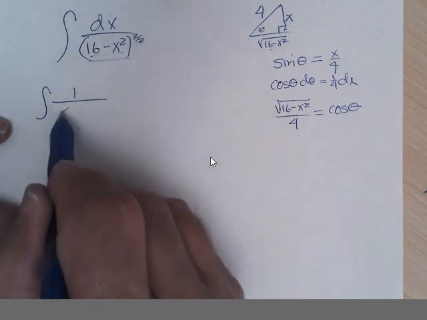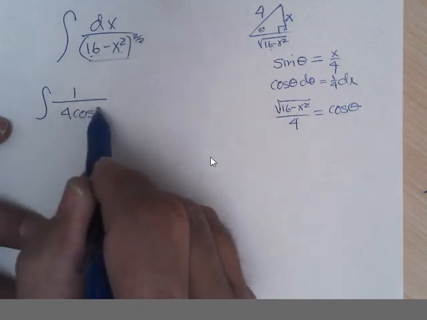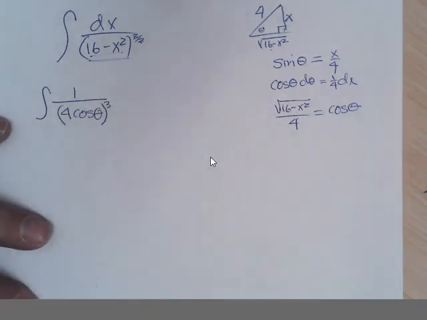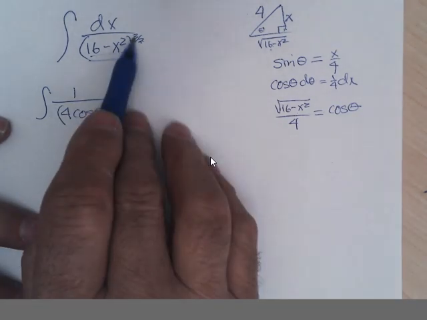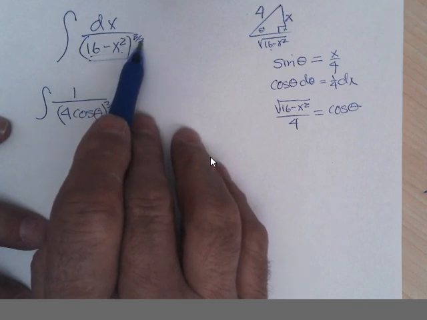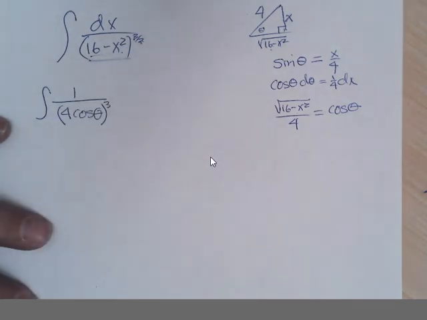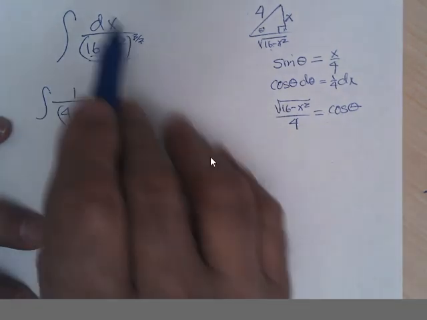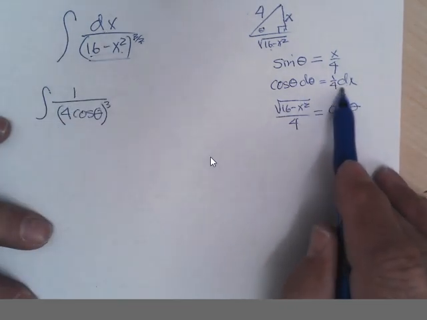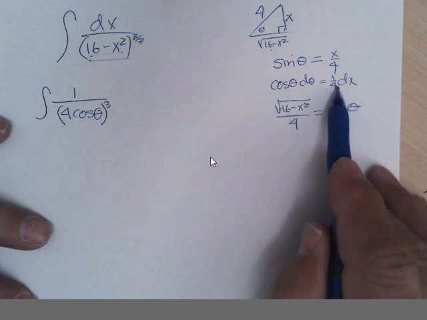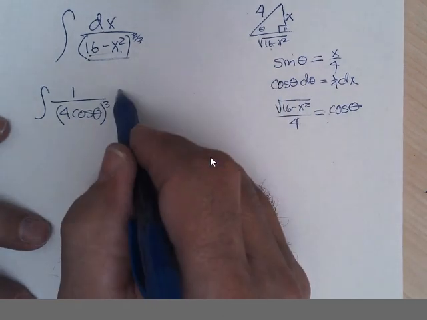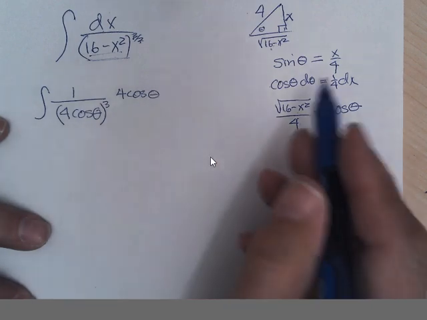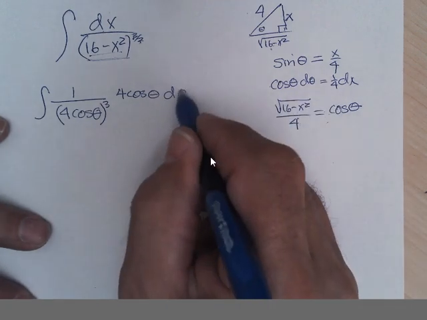So I'm going to have 4 cosine theta quantity cubed, because the 3 in the numerator cubes the square root of this. And the square root is the 4 cosine theta. Got to cube it. And the dx is 4 cosine theta d theta.